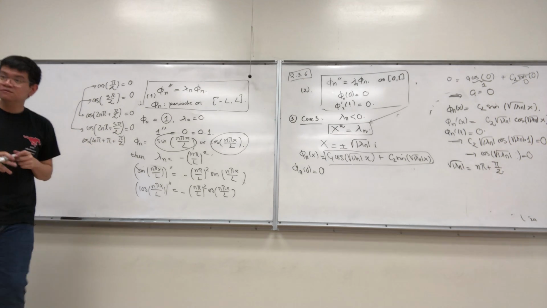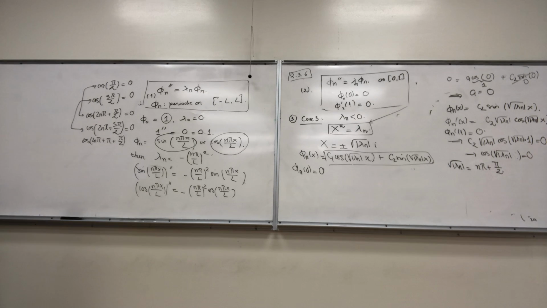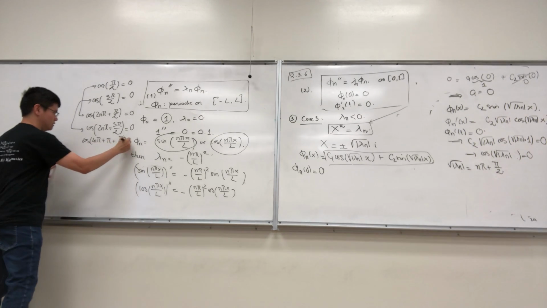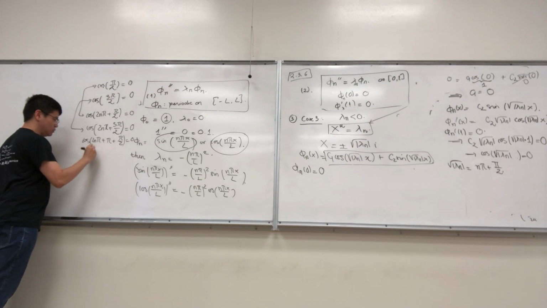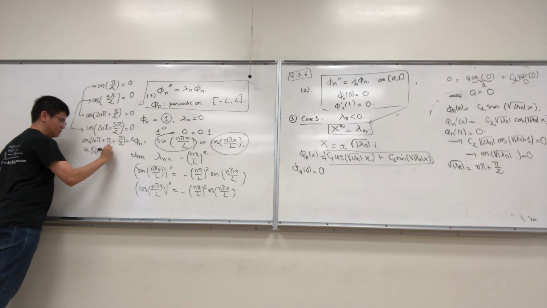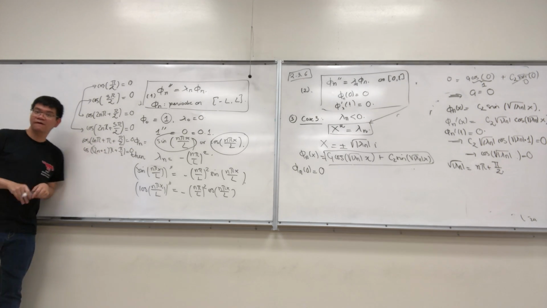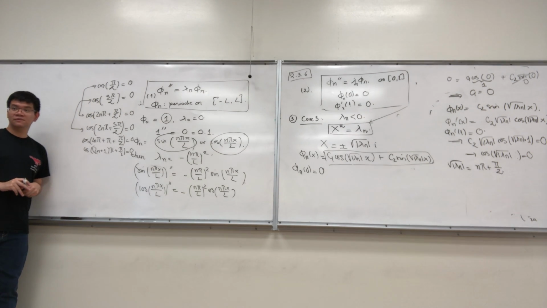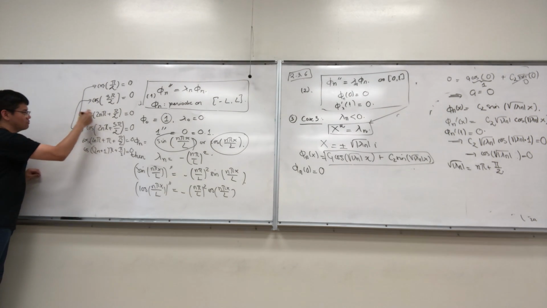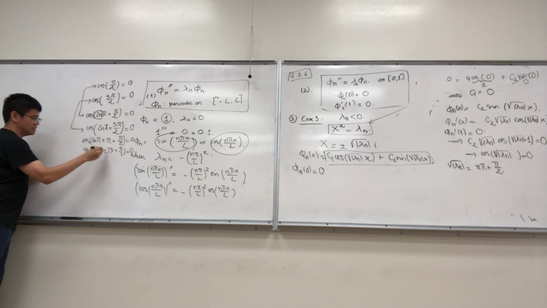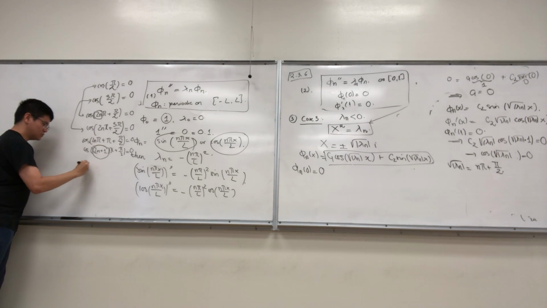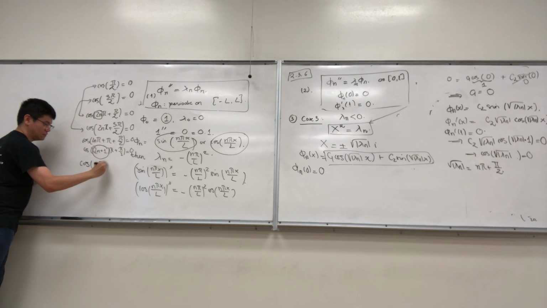So cosine of 2n pi plus pi over 2 is 0. Now you combine this and this. So basically you have cosine of n pi plus pi over 2 is 0. See the point?